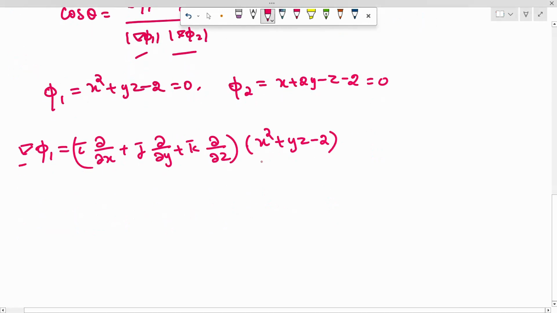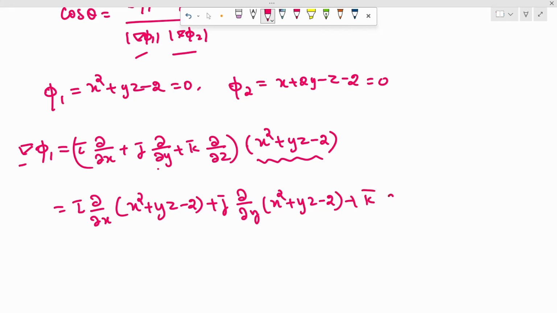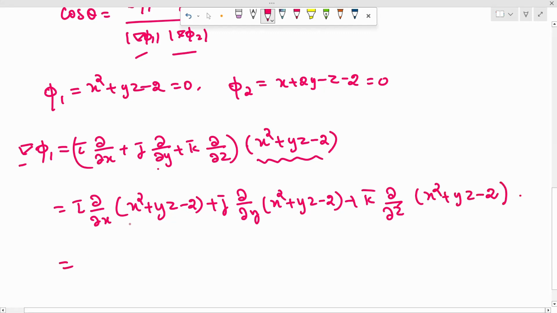This phi is common for all three terms, so multiply with each term: i vector into dou by dou x of x square plus yz minus 2, plus j vector into dou by dou y of x square plus yz minus 2, plus k vector into dou by dou z of x square plus yz minus 2. Now we differentiate one by one.